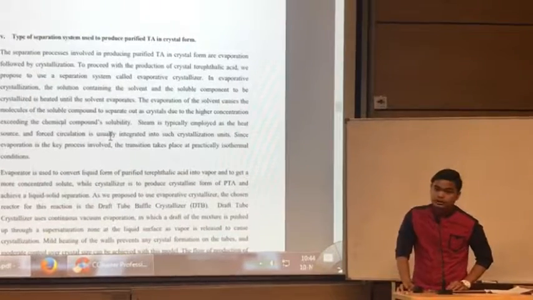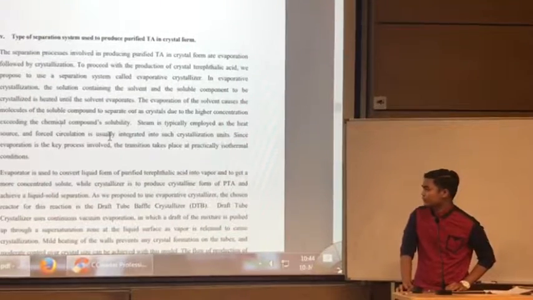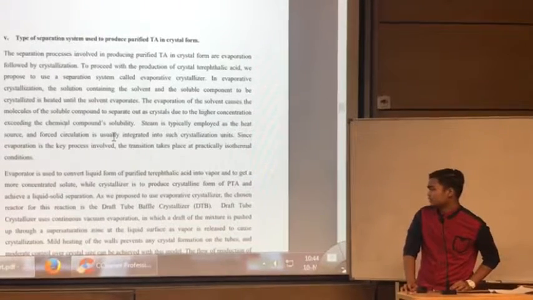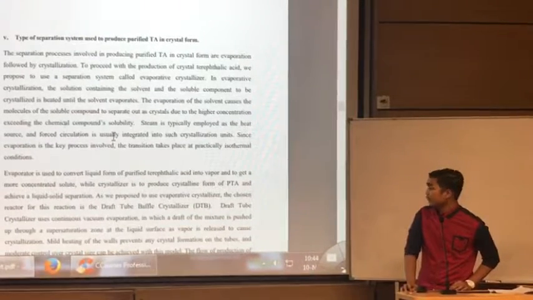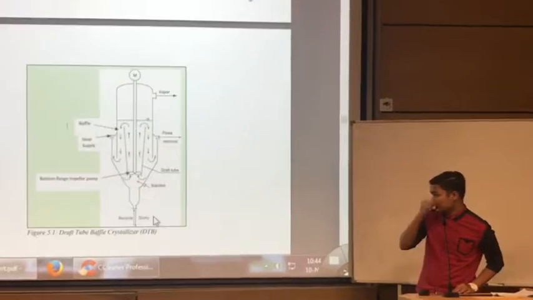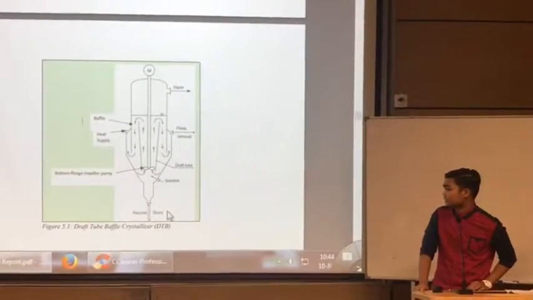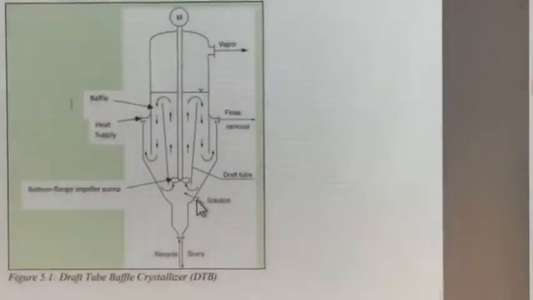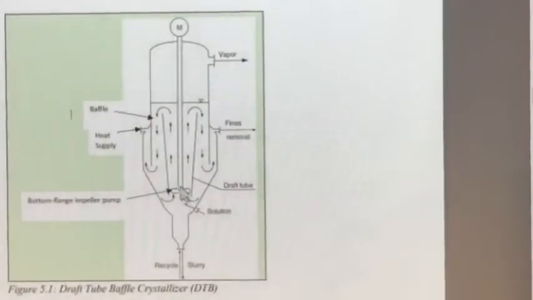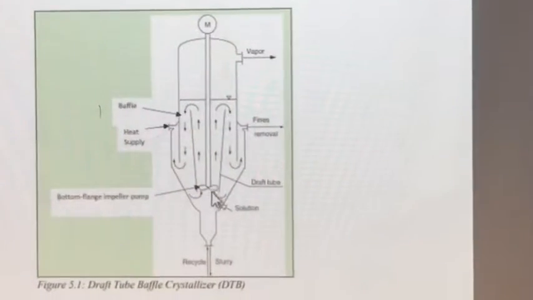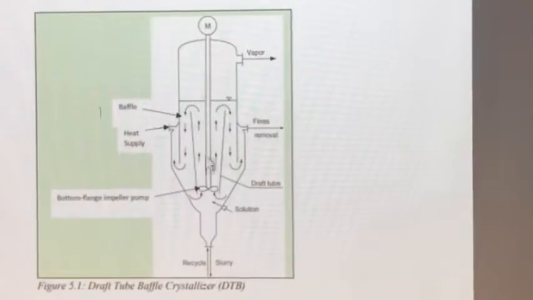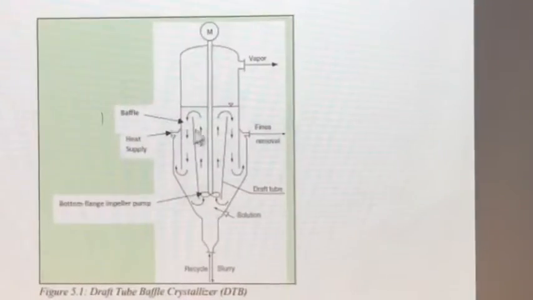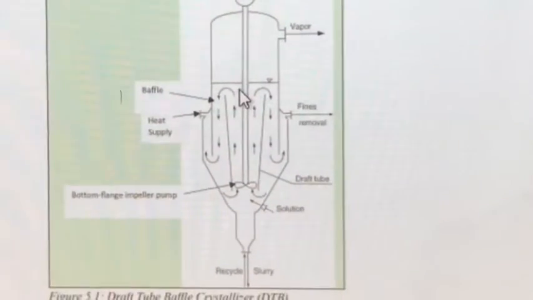For our project, we decided to use the draft tube baffle crystallizer, DTB. DTB will look like this. The crystallizing process starts when we enter the DTB from here, and then the impeller pump will draw and pump the solution into the evaporator, and with the heat supply, it will evaporate the solution.